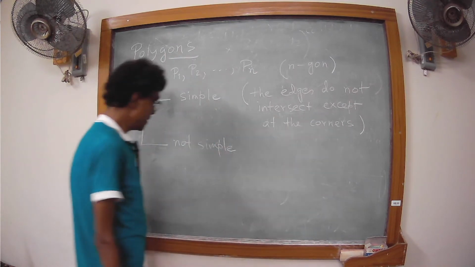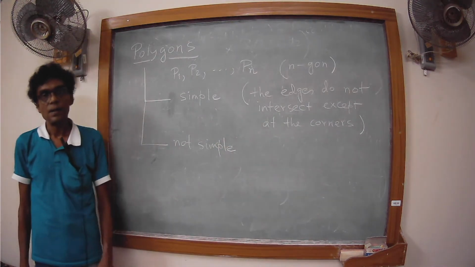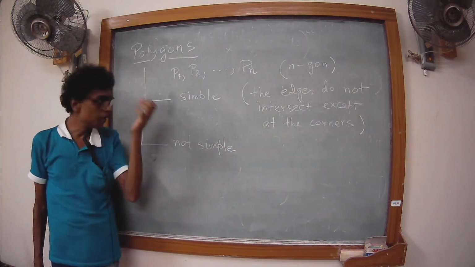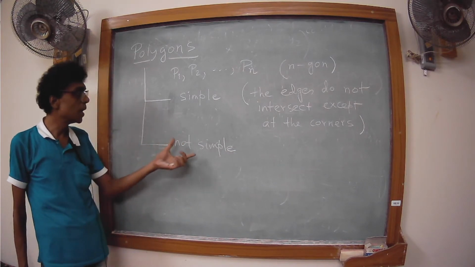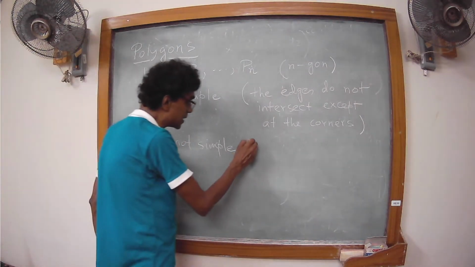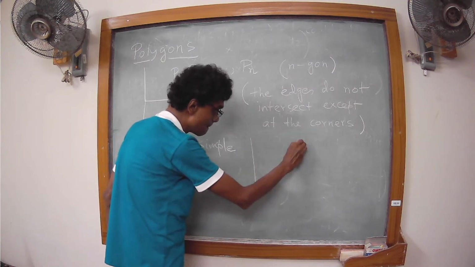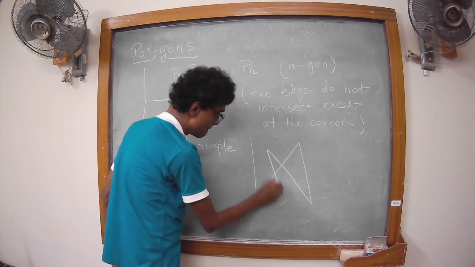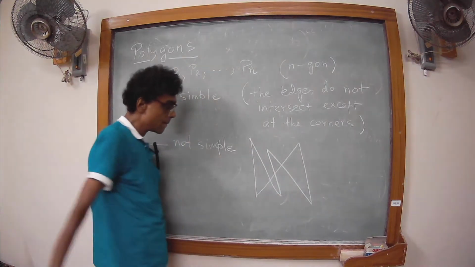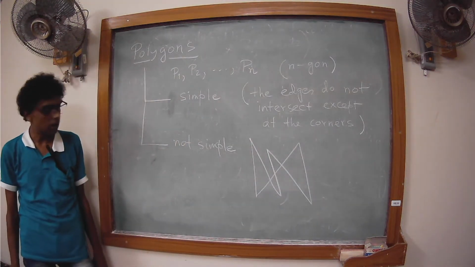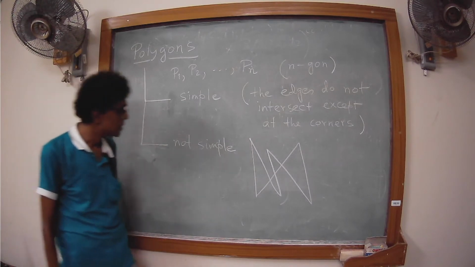Okay. Whereas, if we allow edges to intersect like this, this is not a simple polygon. Okay.